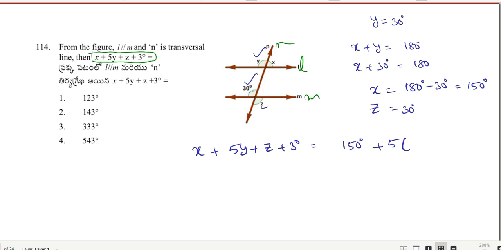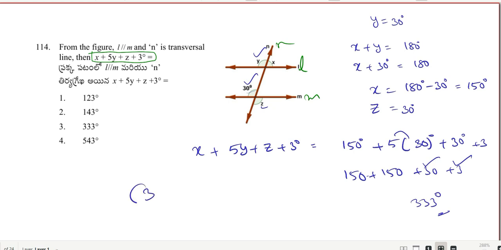So 5 into y value is 30, plus z value 30, plus 3. So 150 plus 5 into 30, 150, plus 30 plus 3. 150 plus 150 is 300, 300 plus 30 is 330, plus 3 is 333 degrees, that will be the answer. So third option is the correct one. Likewise we can solve this problem very easily.